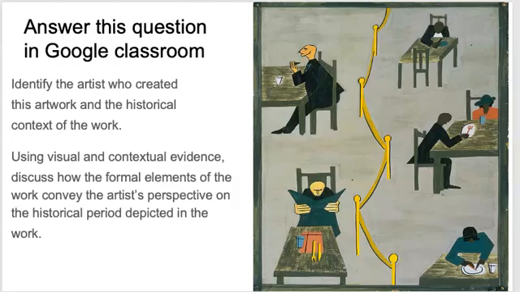I'd like you to look at the painting we've just been looking at, identify the artist who created this artwork, and the historical context of the work. Using visual and contextual evidence, discuss how the formal elements of the work convey the artist's perspective on the historical period depicted in the work. Feel free to pause and answer your question.